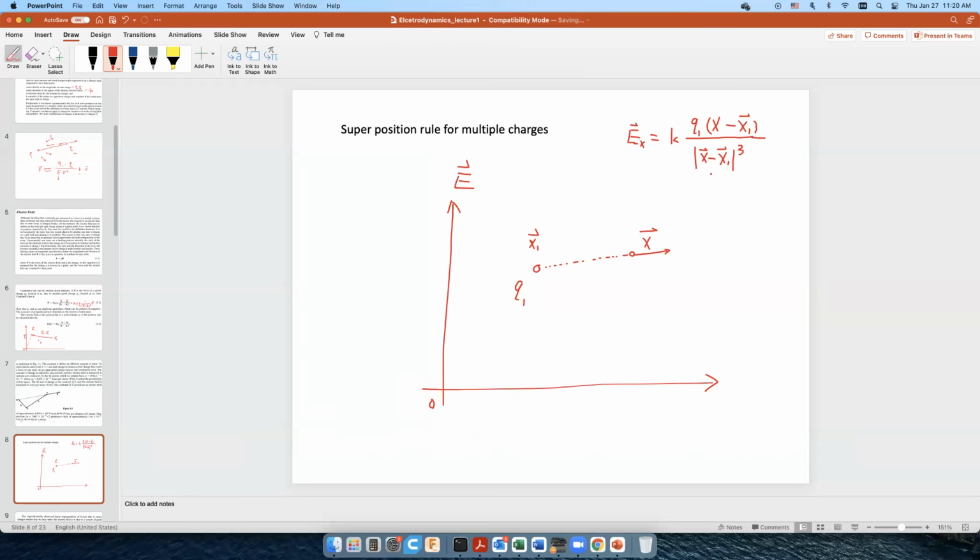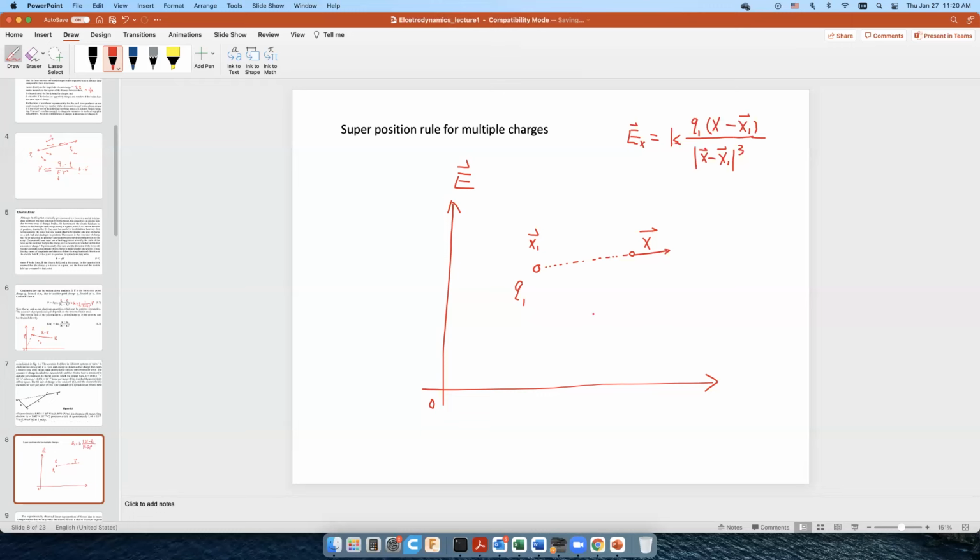So essentially this over this is generating 1 over R squared, because it has the magnitude of the vector above, and it has a cubic of the vector between X and X1 below. So one of them will be canceled. So this is E of X generated by Q1.